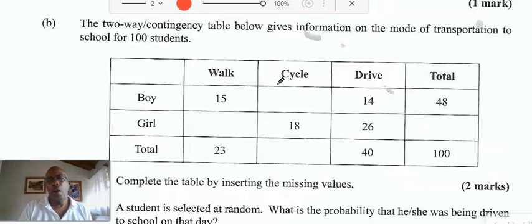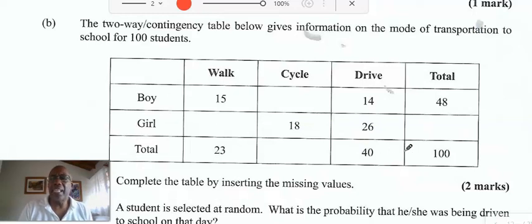So we first have to understand the table. In the first row, 15 boys walk to school. We were not given the number that cycled, and 14 drove to school. And for the girls, we weren't given those who walked, but 18 cycled and 26 drove.